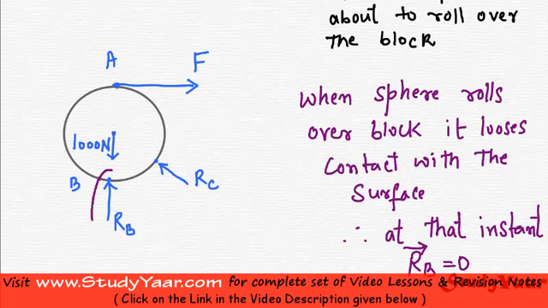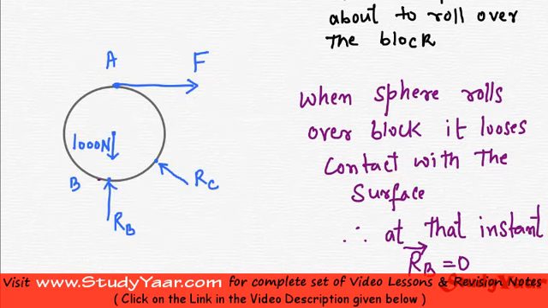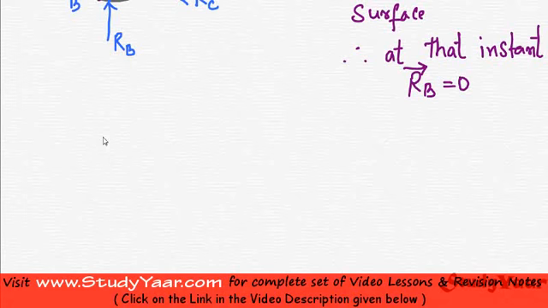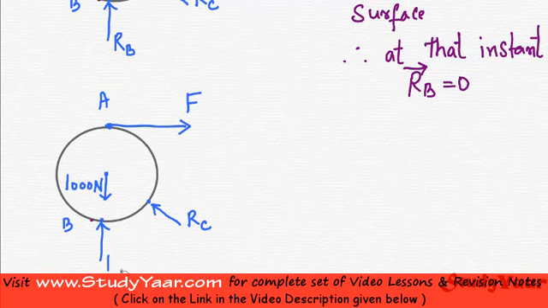Therefore now I take this off, and let me just copy this. So I have taken RB off and my problem basically resolves to this. I have to find out the force F when the other forces are acting over this sphere like this.